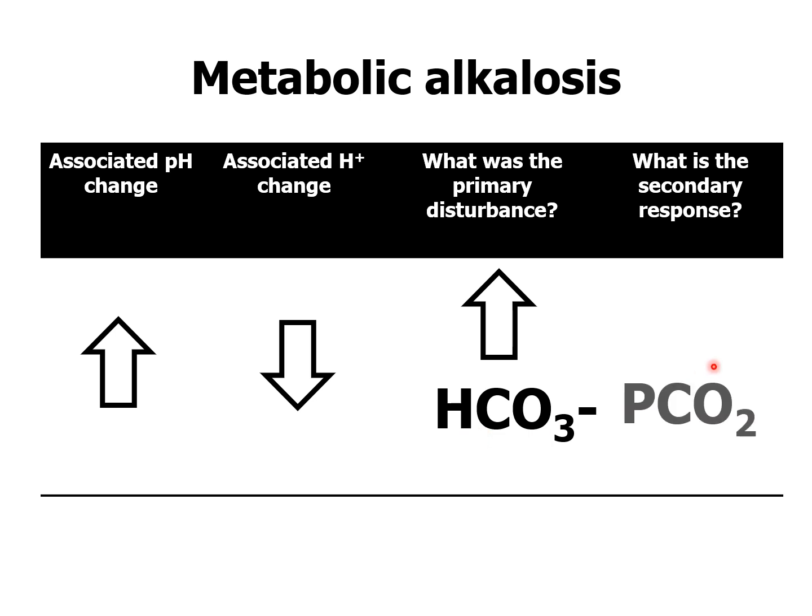The secondary response would be the function of the lungs, which would tend to increase the partial pressure of carbon dioxide. To increase it, there should be hypoventilation to retain carbon dioxide.